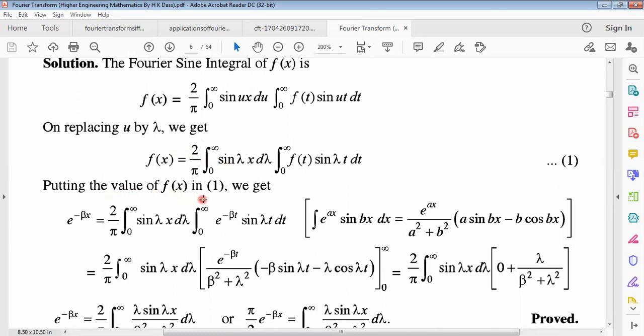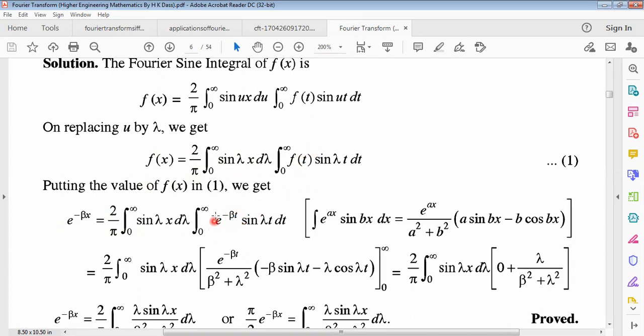So putting the value of f of x in equation 1, we get e to the power minus beta x equals 2 by pi, integral from 0 to infinity of sine lambda x d lambda, integral from 0 to infinity of f of t, whose value is e to the power minus beta t.